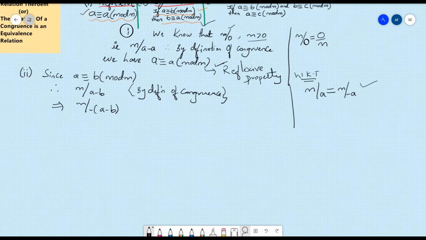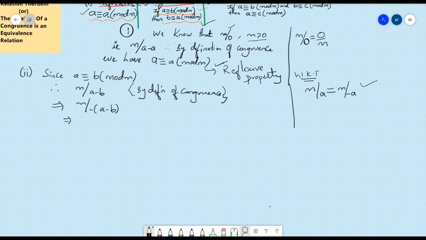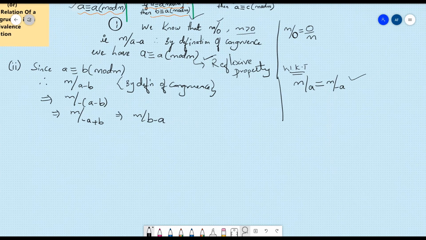This further implies m divides minus a, and minus into minus is plus b, so m divides b minus a. Since b is positive, I have taken b here and negative a written here. In this way also I can write it down.